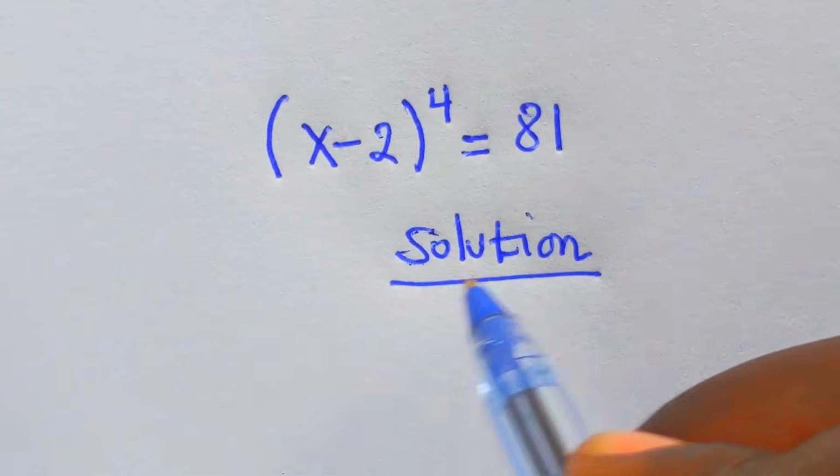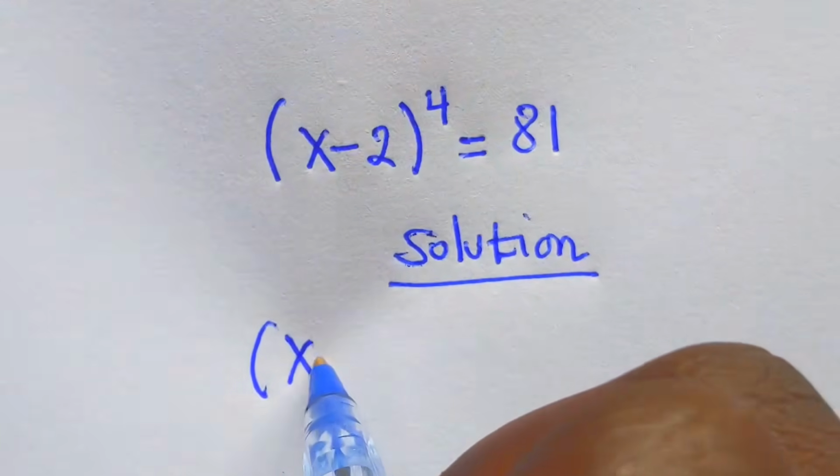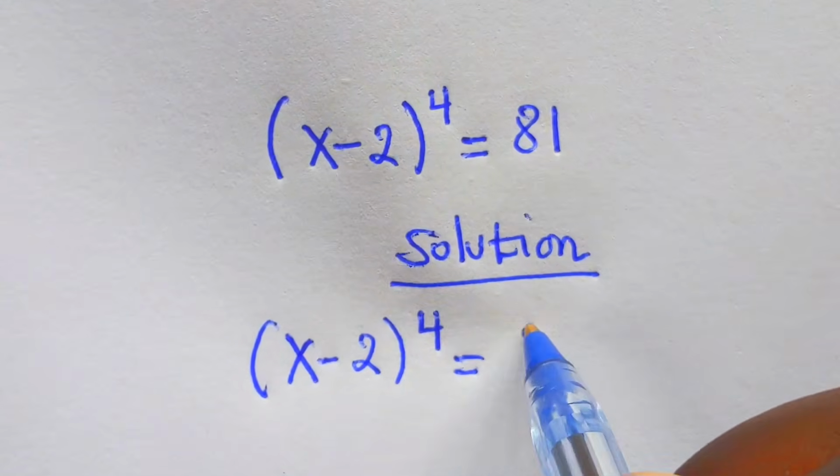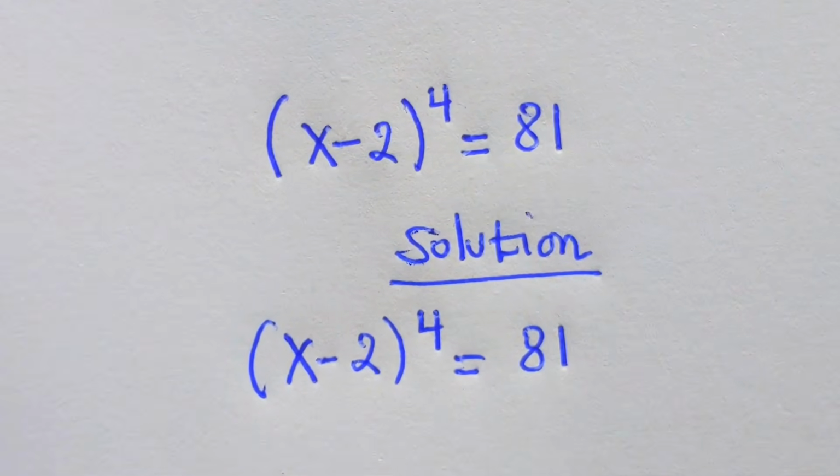Very quickly, let's copy what we have: (x - 2)^4 = 81.